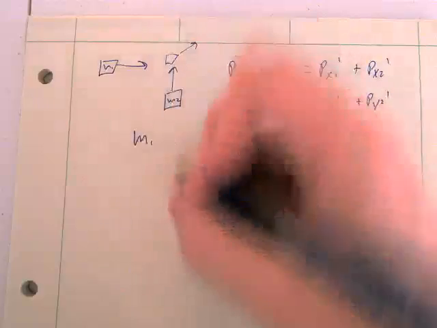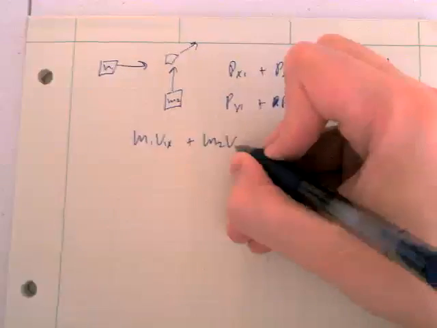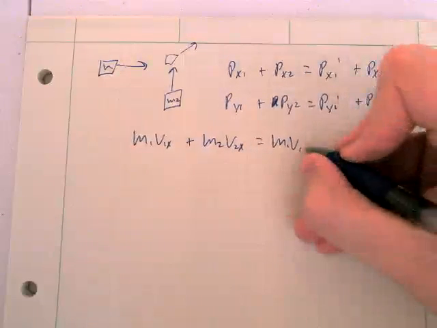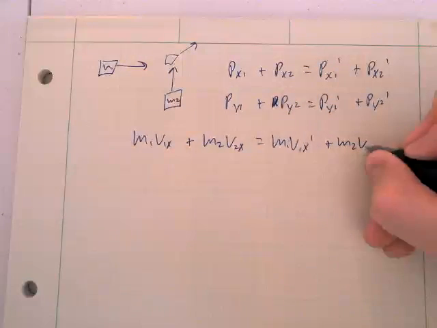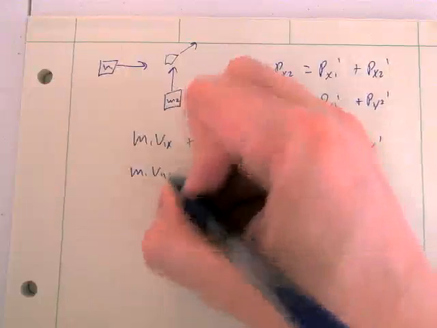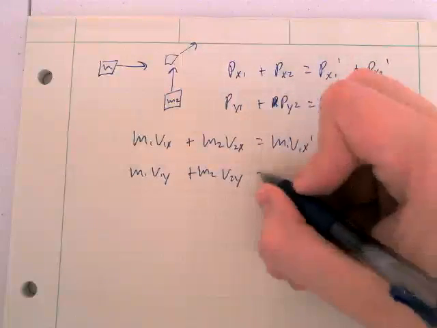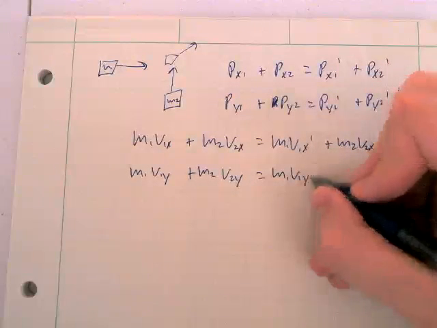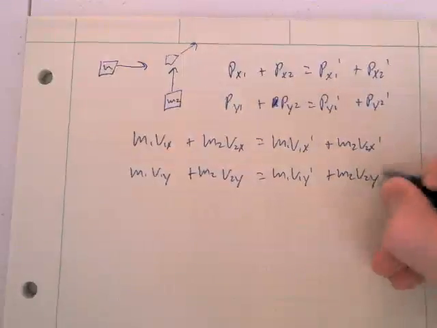You just have to say m1 v1x plus m2 v2x equals m1 v1x prime plus m2 v2x prime, and m1 v1y plus m2 v2y equals m1 v1y prime plus m2 v2y prime, right?